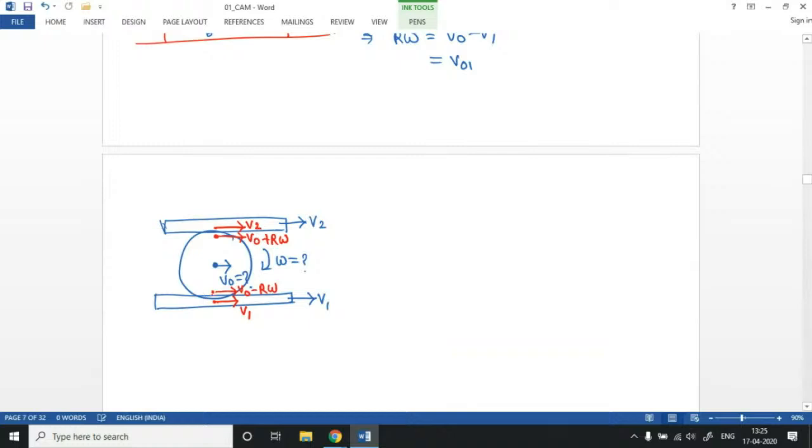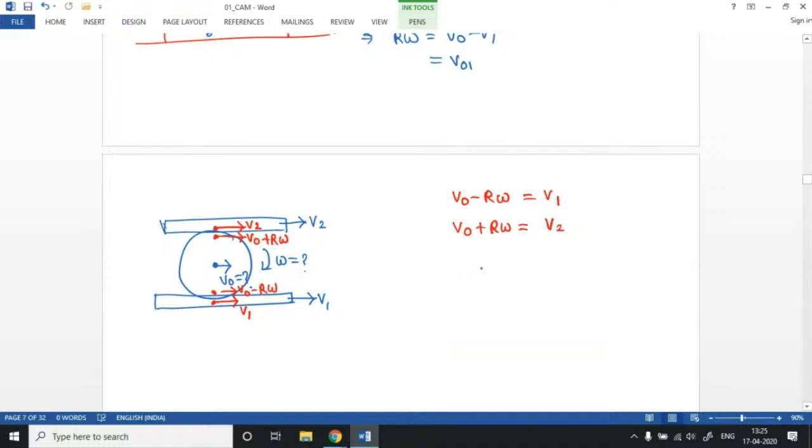So two relations, since there is no slipping at this point of contact, v naught minus r omega, we can write it as v1, and there is no slipping at this point of contact, so we can write v naught plus r omega is equal to v2.